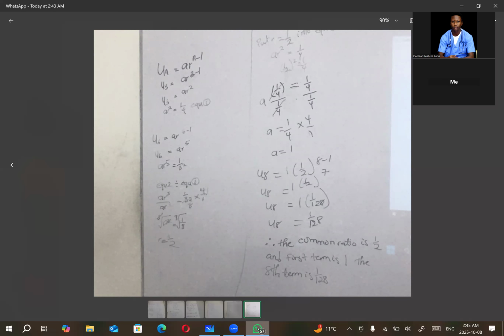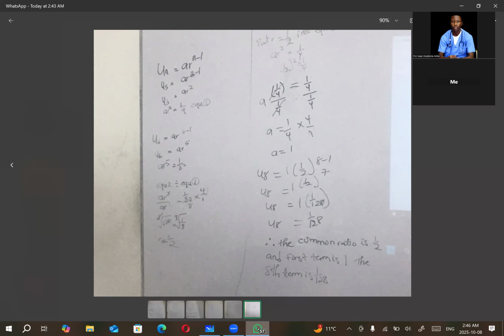So equation 2 is ar^5 over ar^2, right? Equals, for equation 1, is that an equal sign? And then you said equation 2 divided by equation 1.